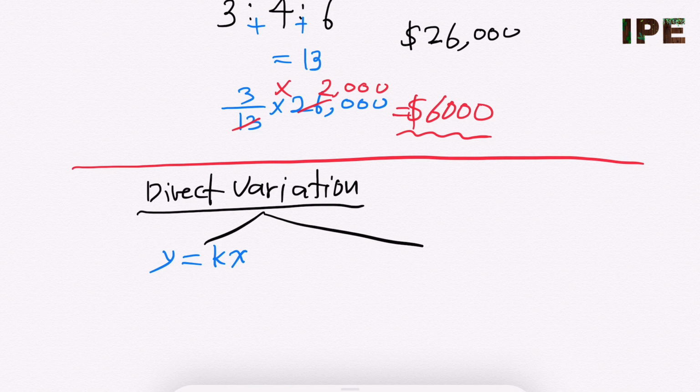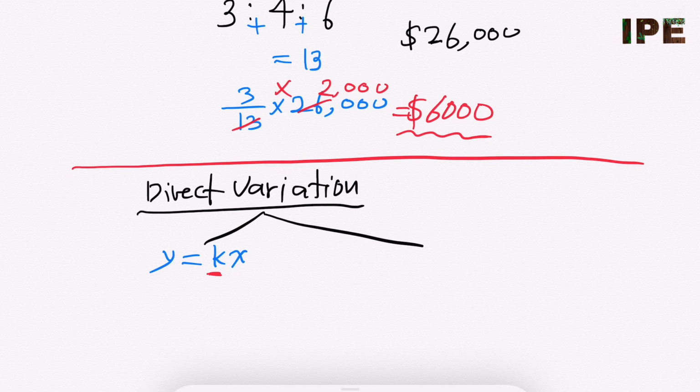And what are the steps to solve this problem? Find k first. Find the k value first, and then plug in the given information, and then find the answer they ask for. Another way to solve a direct variation problem is to use a ratio equation. Something like this.